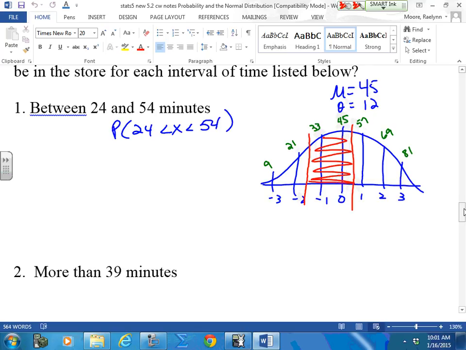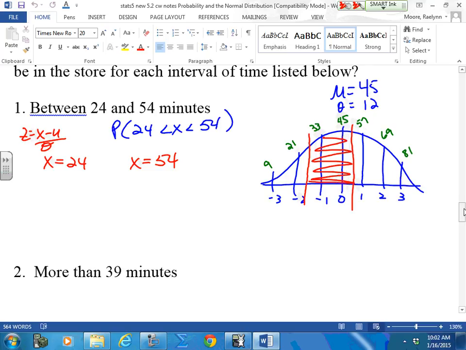So now, Nick also said we've got two x values. We've got when x is equal to 24, when x is equal to 54. So we're going to convert your x values to z-scores. Because remember when you use z-scores, you took the z-score, you found the areas, and you subtracted your areas. So now we use your formula. Another thing that sketch helps is for this.